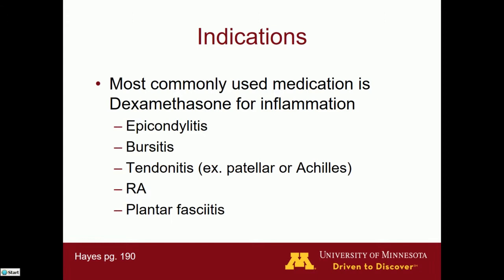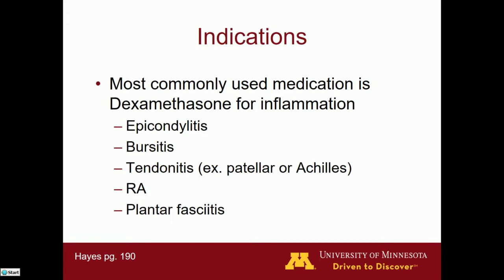So some indications. The most commonly used medication is dexamethasone, and that's an anti-inflammatory. A lot of times you'll see it prescribed for epicondylitis, bursitis, tendonitis. I mentioned carpal tunnel, other tendinitises like patella or Achilles, rheumatoid arthritis.